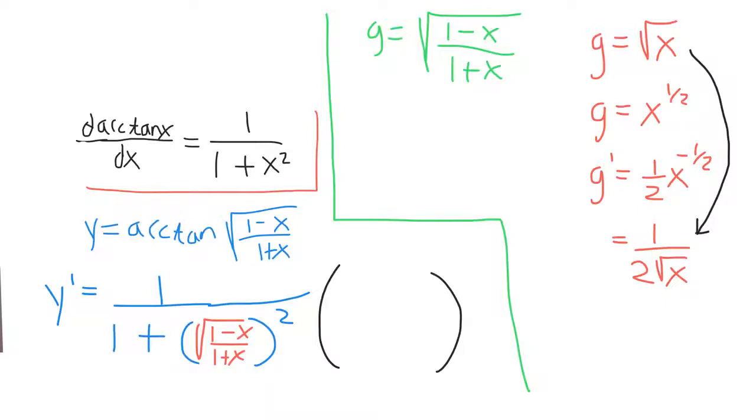So let's do it. We have g prime equals what? Well, according to what we just discovered, it's going to be 1/2 times 1 over radical whatever was underneath the radical. What was underneath the radical here was 1 minus x all over 1 plus x. Well, that's what goes down here, right?